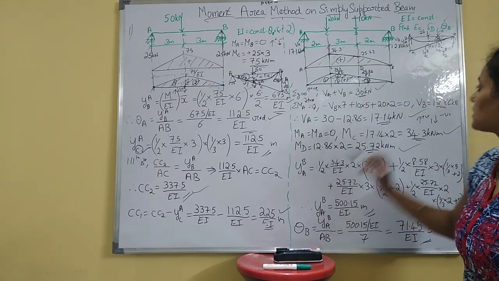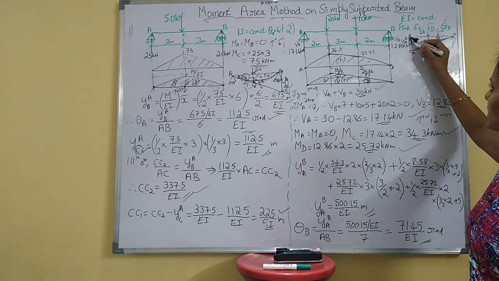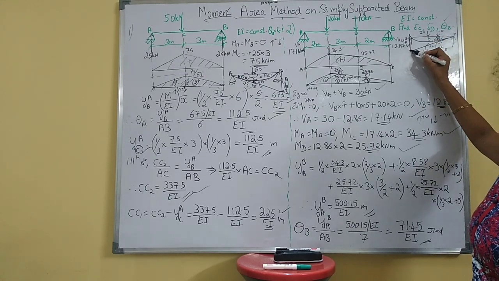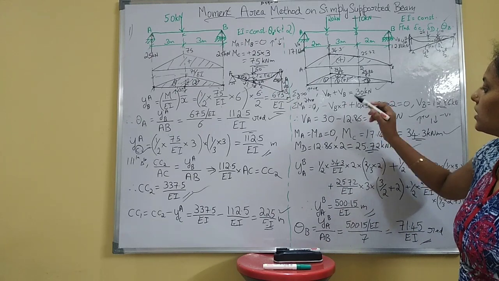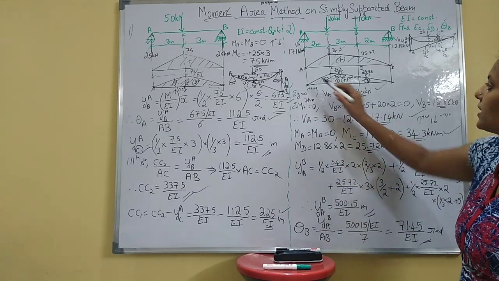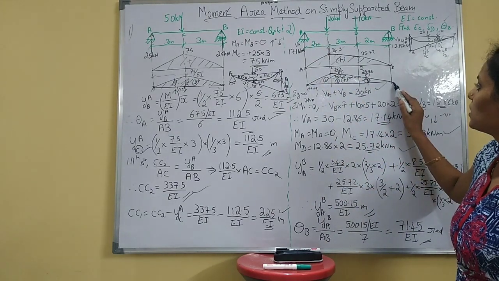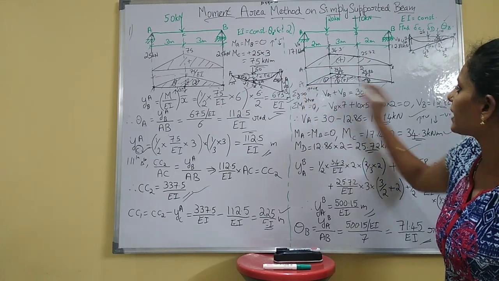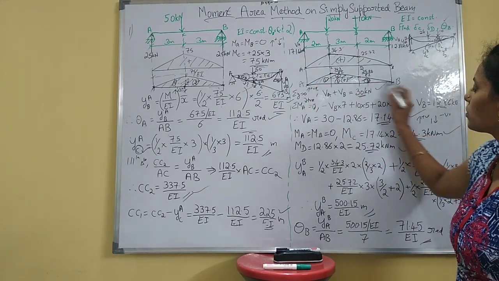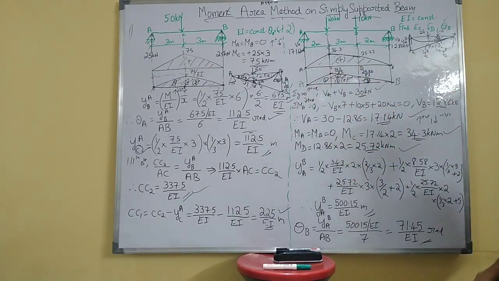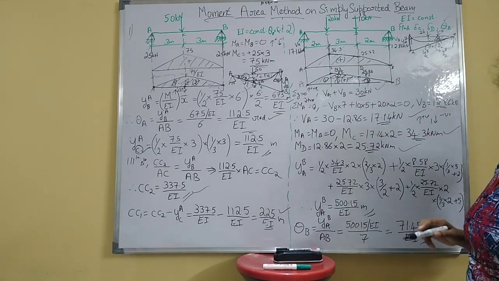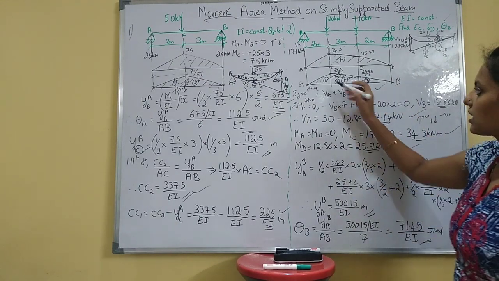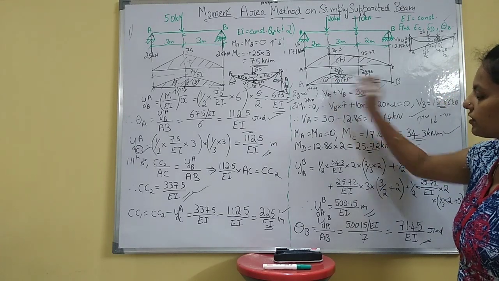Theta B is nothing but first find out YBA, that is A1 region. YBA, for that the region is A to B. Take the region from the M by EI diagram from A to B. So you have to consider all these areas, so area into centroidal distance. Consider each region. This is your first region.